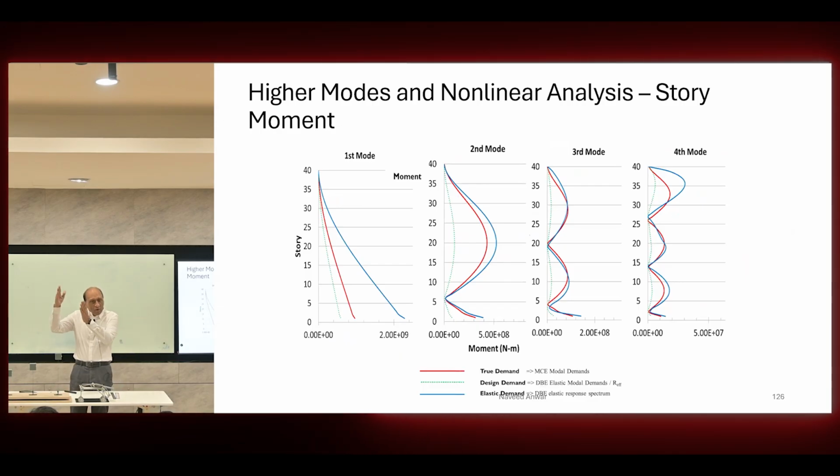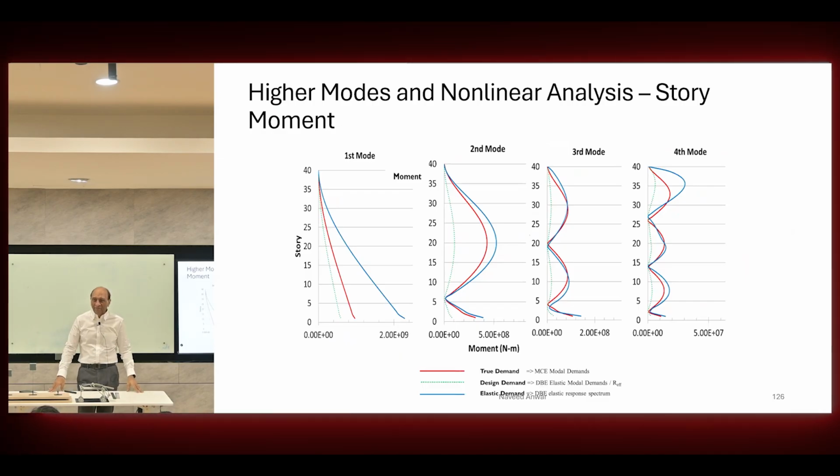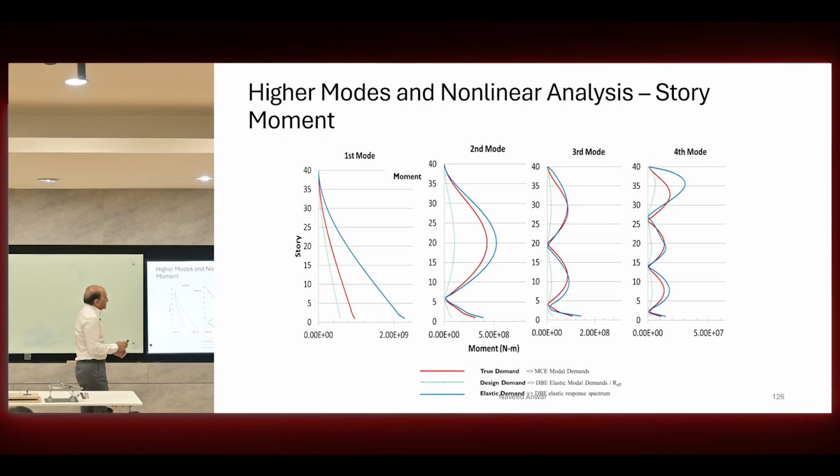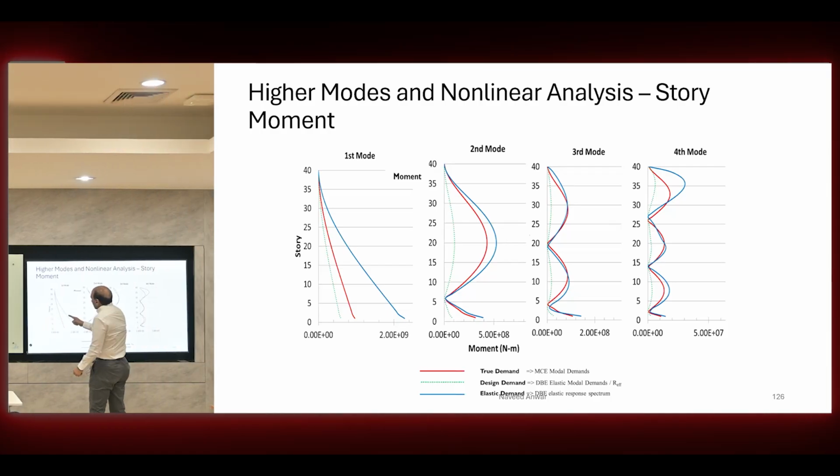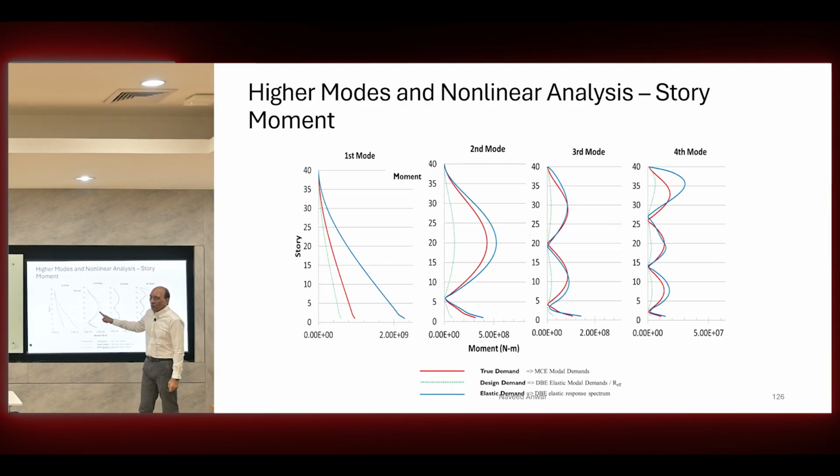So you reduce all the modes by the same factor of 5, because all the modes are added together, to go from linear to nonlinear estimate. But what really happens is that the higher modes do not yield.